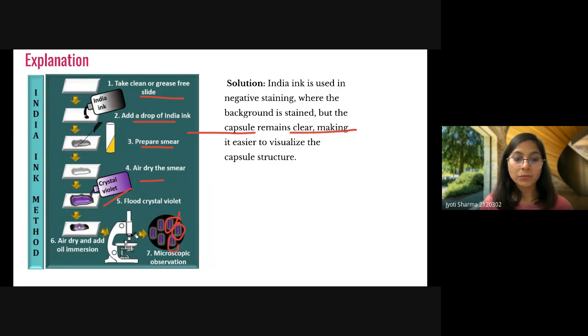Okay, so the primary stain that we used is India ink. India ink is used in negative staining where the background is stained but the capsule remains clear, making it easier to visualize the capsule structure. So that's how India ink is the right answer.